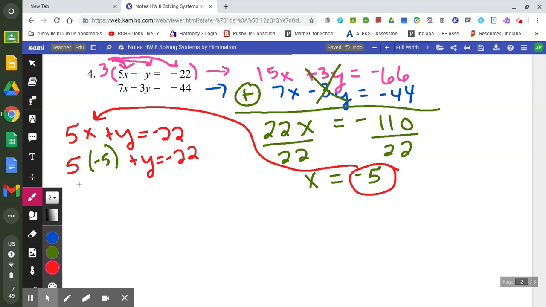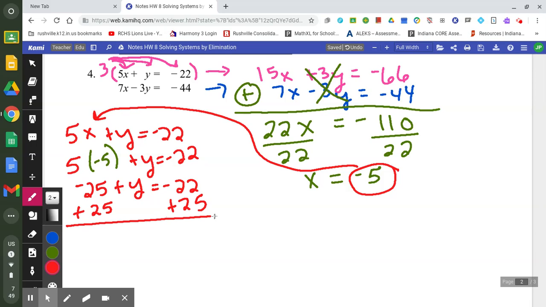So I have 5 times negative 5 is negative 25 plus y equals negative 22. Then I need to add 25 to both sides of the equal sign. Those cancel. Y equals 3. So again, my ordered pair, the x value goes first, then the y value. So negative 5, 3.